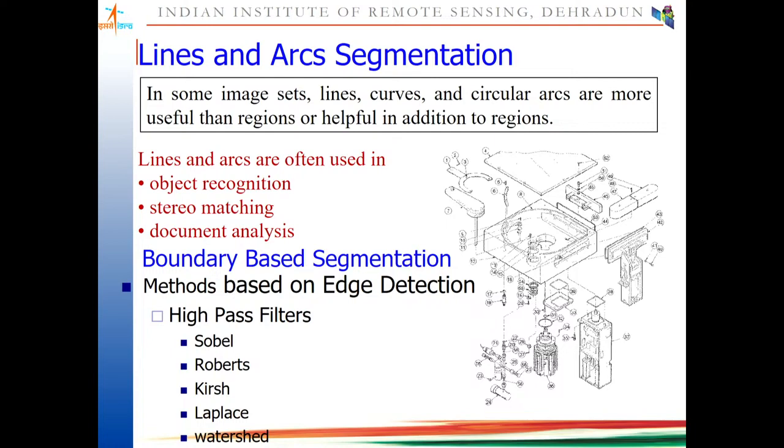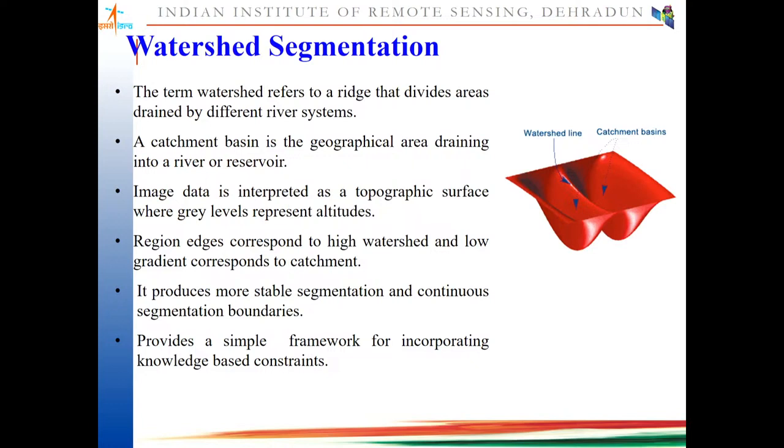So watershed segmentation is a method which is based on the premise that we focus on a watershed or a watershed line. The term watershed refers to a ridge that divides areas drained by different river systems in the natural system.